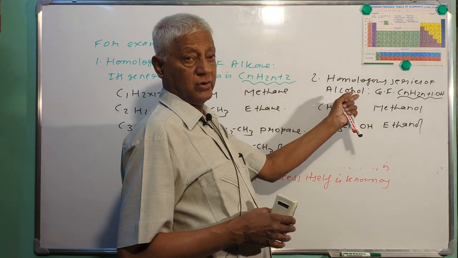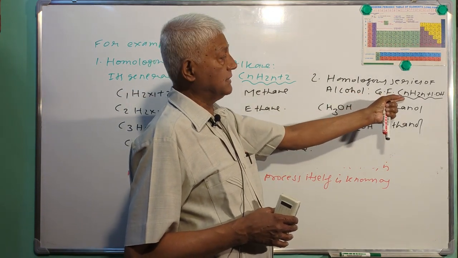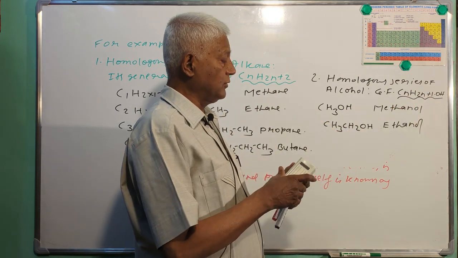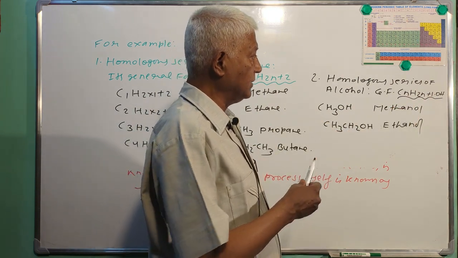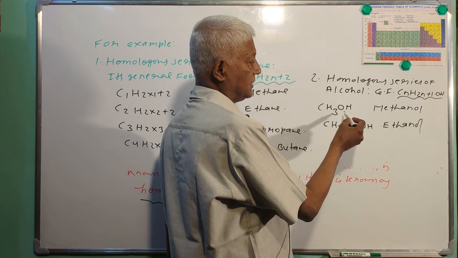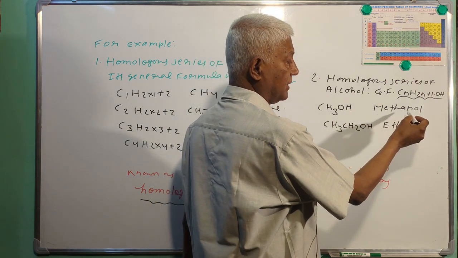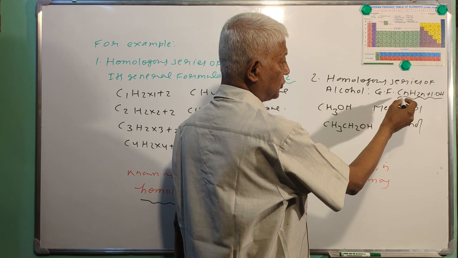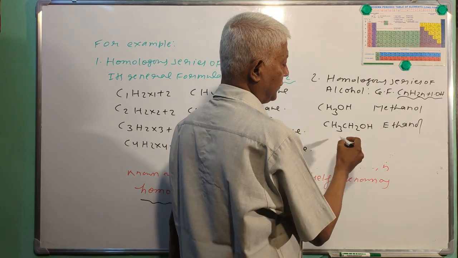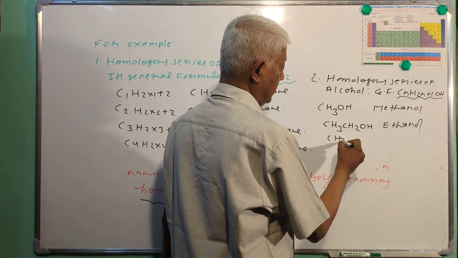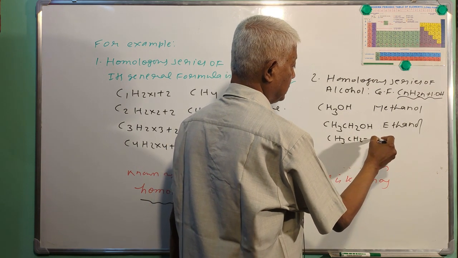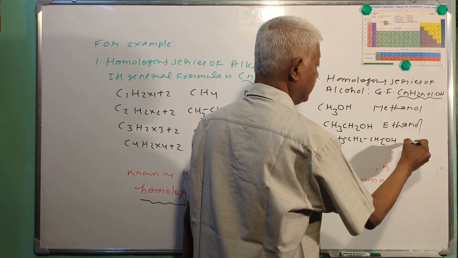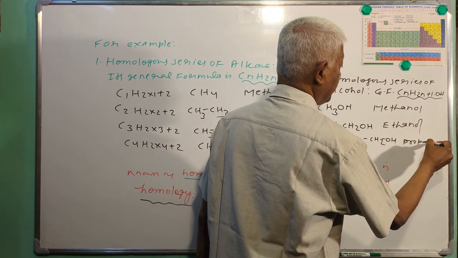Homologous series of alcohol, the general formula is CnH2n+1 OH. When carbon is 1, we have CH3OH, methanol. If carbon is 2, CH3CH2OH, ethanol. Then CH3CH2CH2OH, that is propanol.